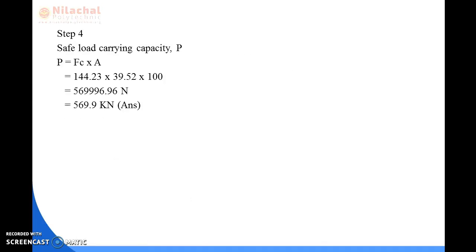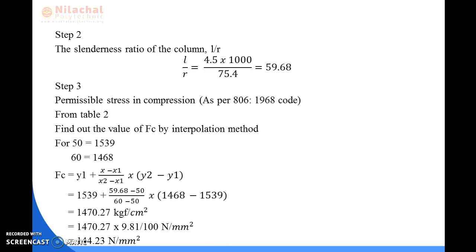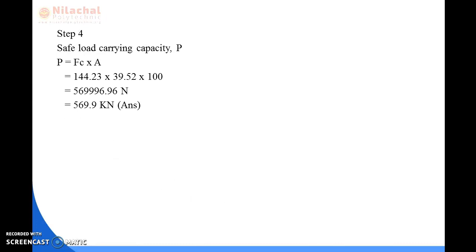Now, in step 4, we can calculate the safe load carrying capacity, which is denoted as P. P is equal to permissible stress multiplied by area.